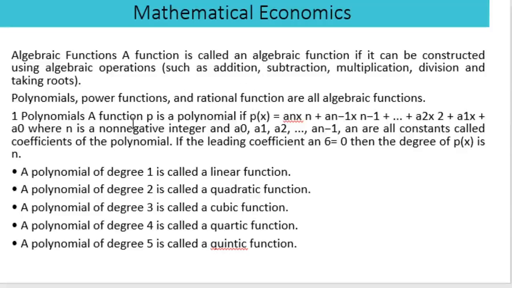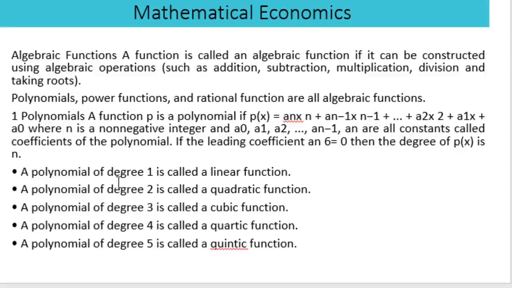A function p is a polynomial if p of x equals a_n x raised to n, plus a_(n-1) x raised to n minus 1, and so on, plus a2 x squared, plus a1 x, plus a0, where n is a non-negative integer and a0, a1, a2 up to a_n are all constants called the coefficients of the polynomial.